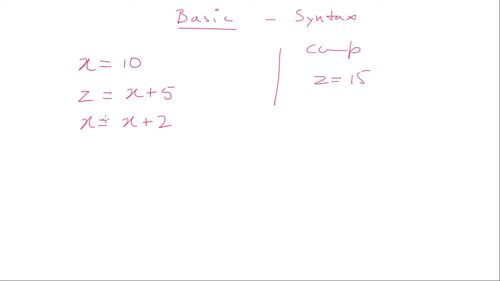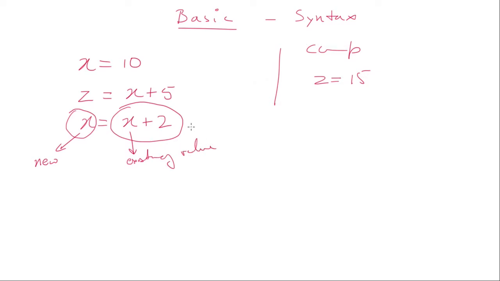Yeah, this side of equal to, it is not like math. This side of equal to has to have some previous values and this side of equal to gets assigned. So it is not like this x was 10, this x is 10. Are you understanding? So the new x, this is the new value. And this takes the existing value.